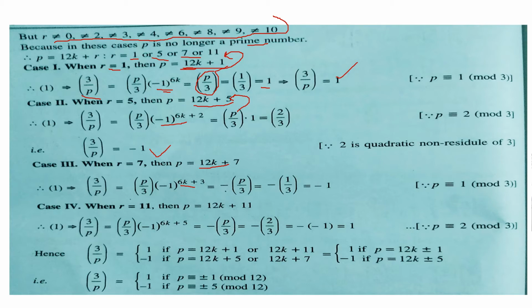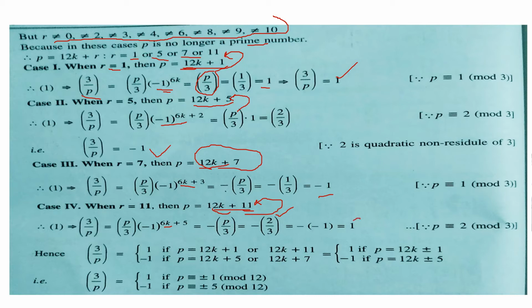On dividing this number by 3, we get remainder 1, and 1 is a quadratic residue, so it is -1. Similarly, if we take 12k plus 11 and put the value of p here, we get (p/3). On dividing this number by 3, we get 2 as remainder, and 2 is a non-quadratic residue, so it is minus times minus, which is plus 1.